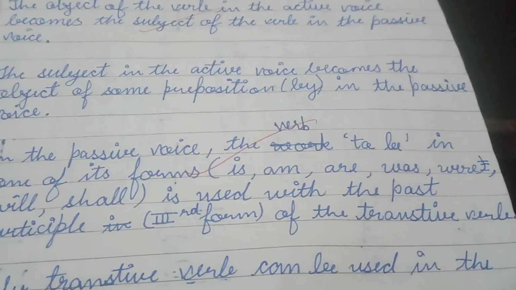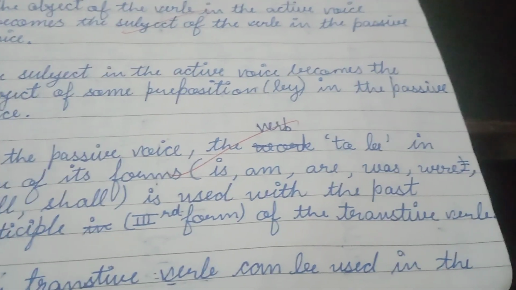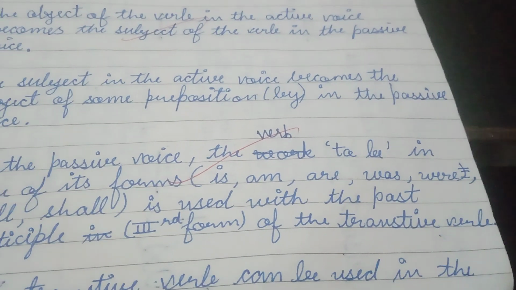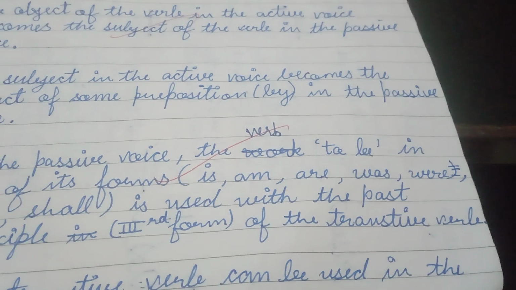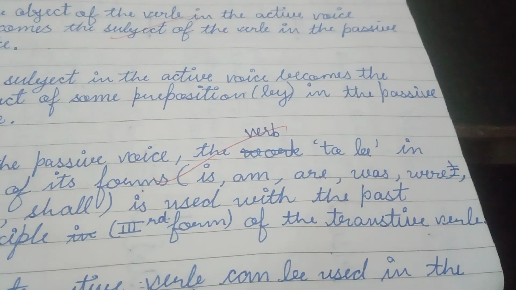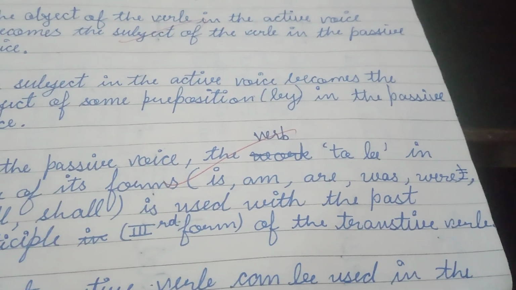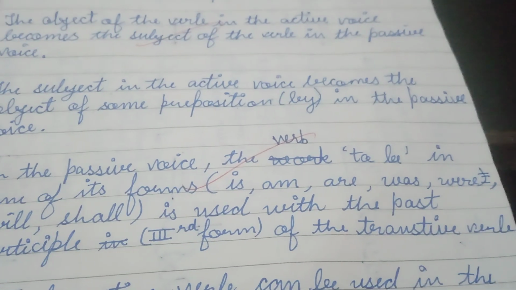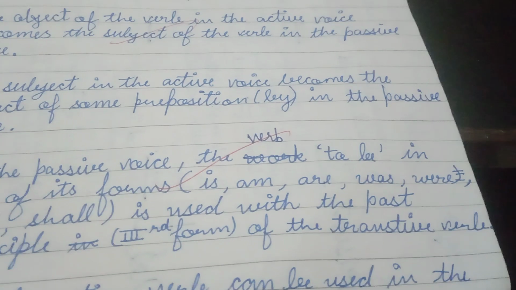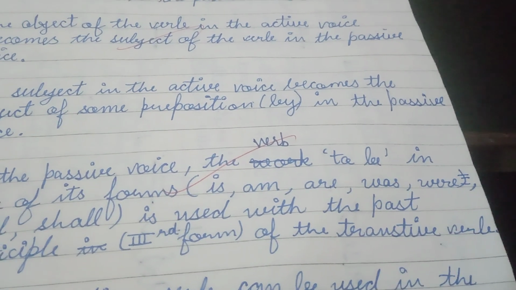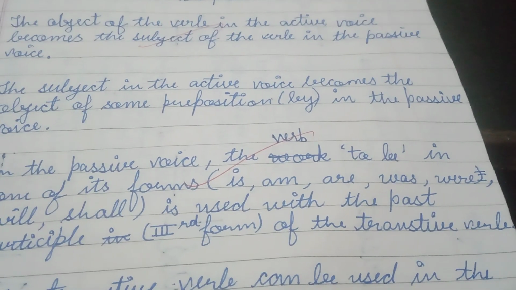It is used with the past participle, that is the third form of the transitive verb. Now, transitive verb is where we have object, the verbs which carry the object with them. So, why do we need only transitive verbs? Because we need the object to make it the subject of our statement in passive voice.